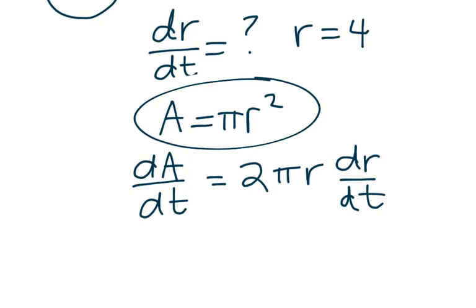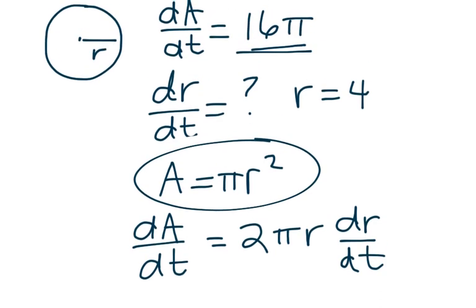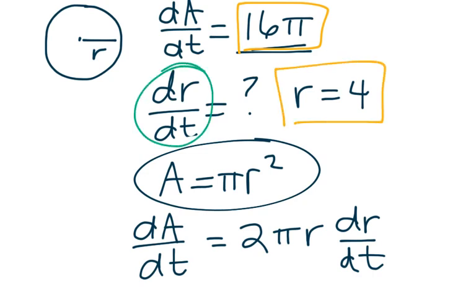Okay, now we want to go back and plug in what we know. We know that dA/dt is 16 pi. We also know that at that moment in time the radius is 4, and we are looking for dr/dt, so this is what we want to find. But we can plug in 16 pi and 4 for the other ones.